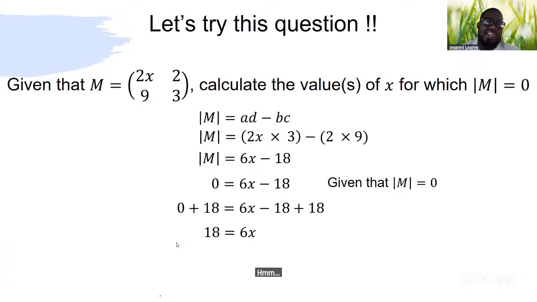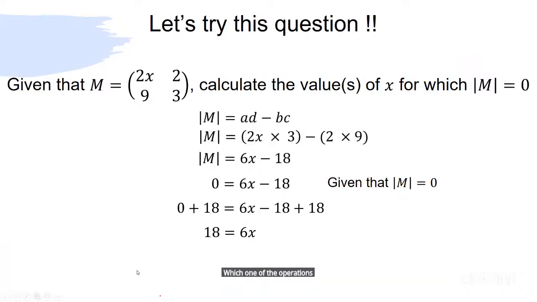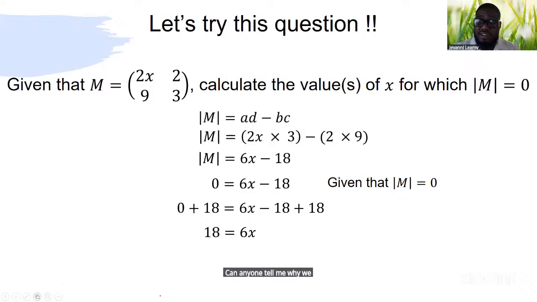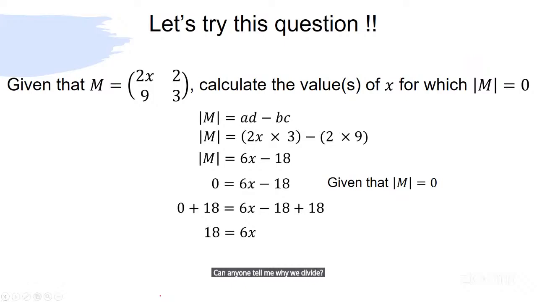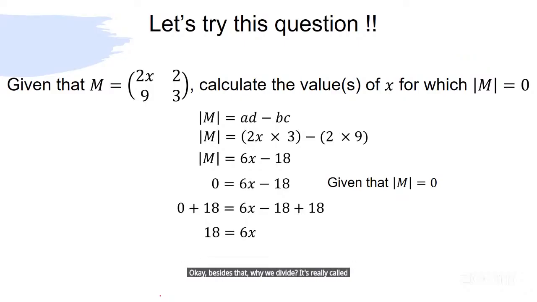So what do you think is the next step? Should we add, multiply, divide, or subtract? Divide. Can anyone tell me why we divide? Because you're trying to get x by itself. Okay, besides that, why do we divide? It's really called a multiplicative inverse. Technically speaking, yes.